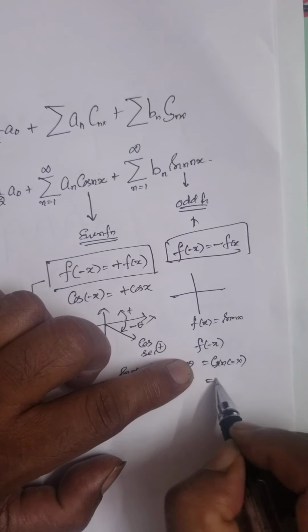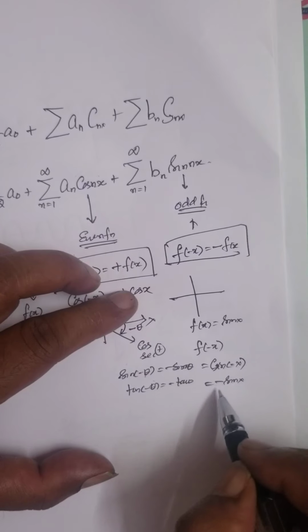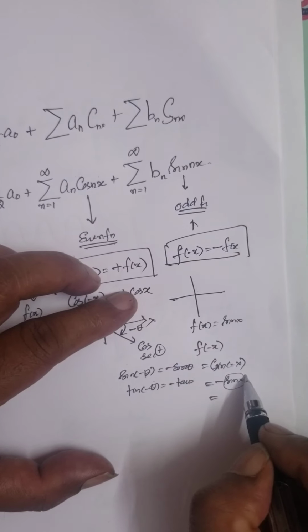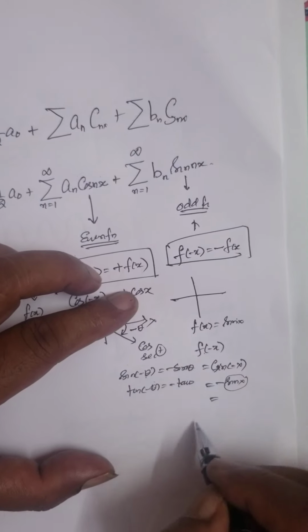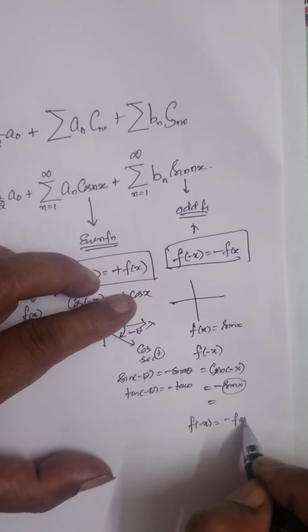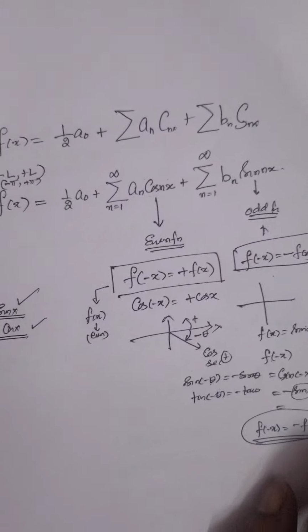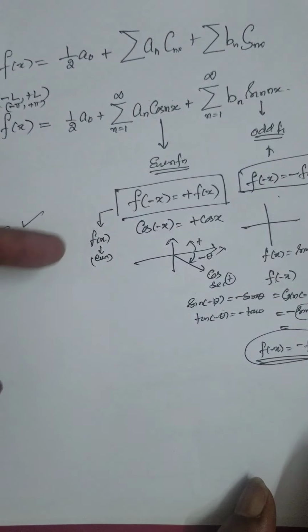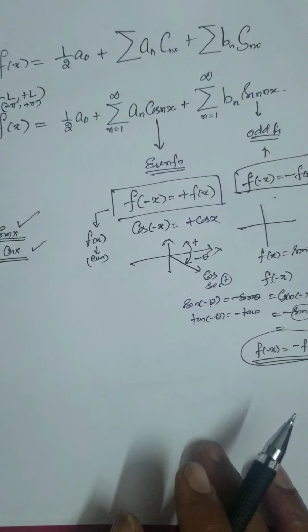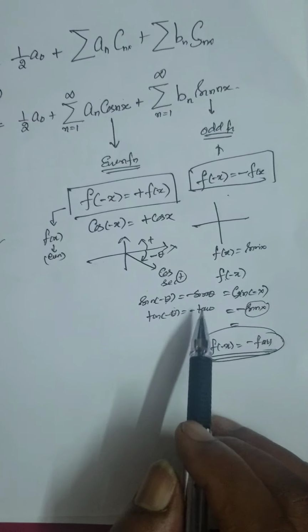Sine of minus x is equal to minus sin x, because sine of minus theta is minus sin theta. Therefore f of minus x is equal to minus f(x), so this is an odd function. They may ask you for 2 or 3 marks: in Fourier series, what are odd functions, what are even functions? Give an example, right?